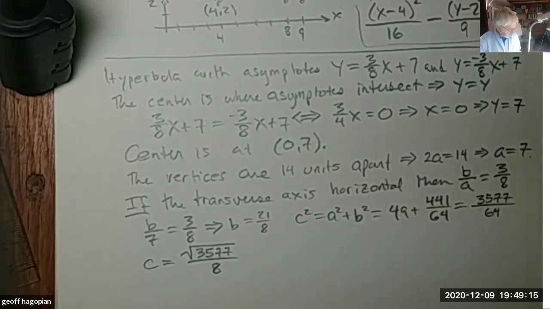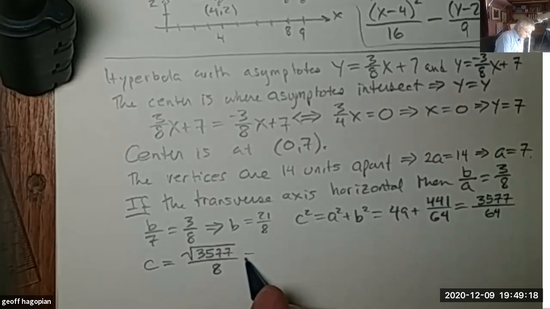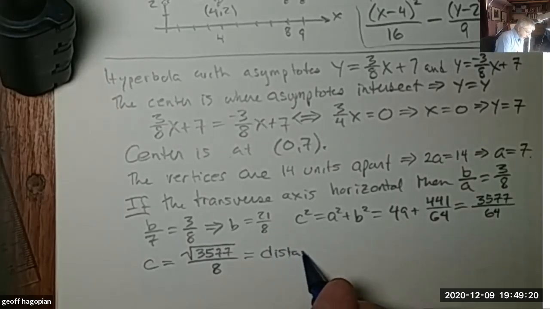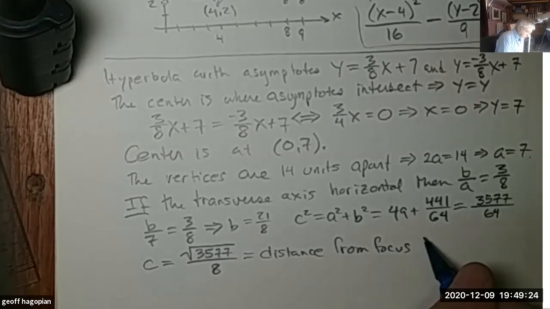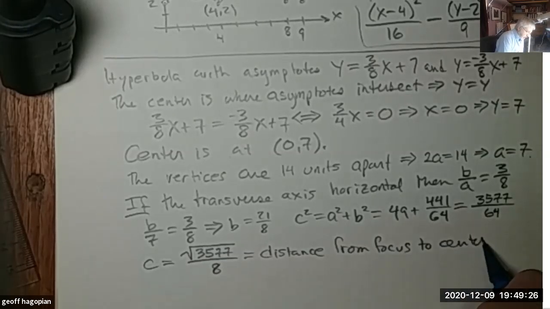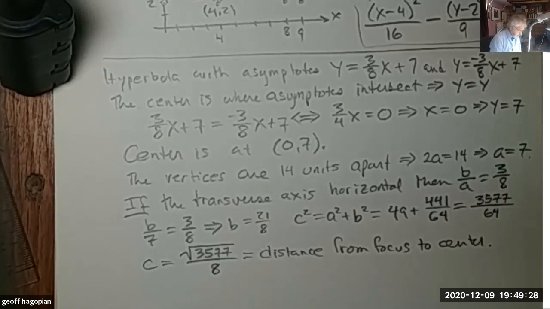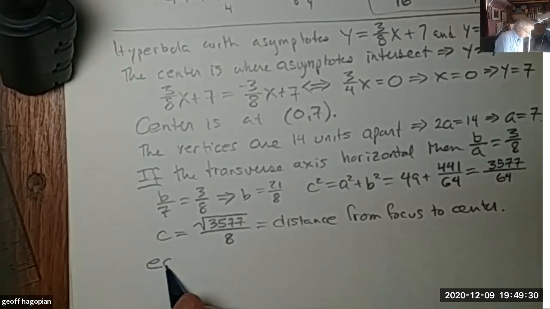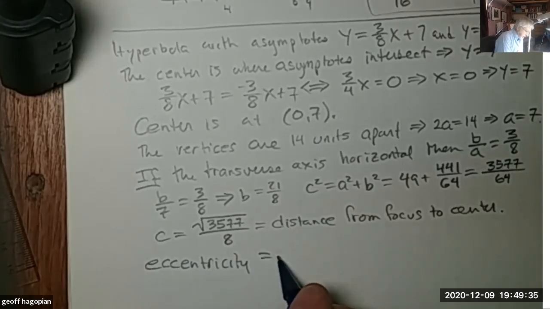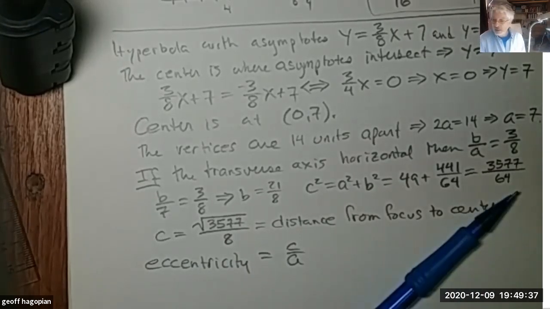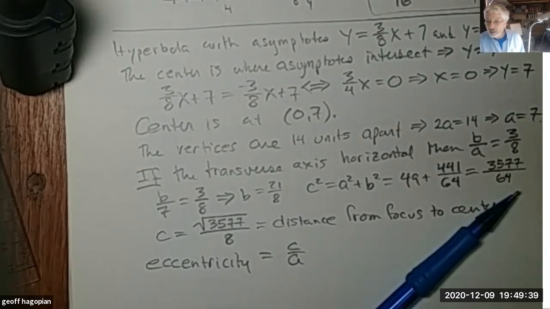So this is the distance from the focus to the center. All right, and the eccentricity, maybe we should make sure I have the eccentricity right. I think it's c over a, but we didn't really look that up in the text, so let's do that.